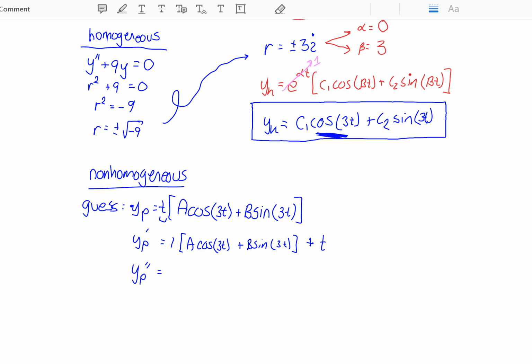I'm going to write the first now so I don't forget it. And now the derivative of the second, which will be negative 3a sine of 3t plus 3b cosine of 3t.